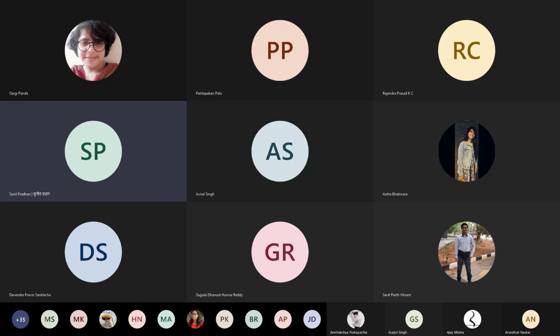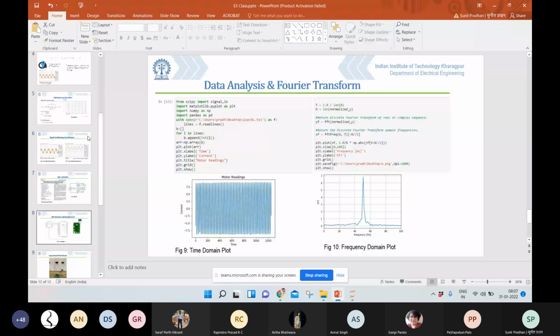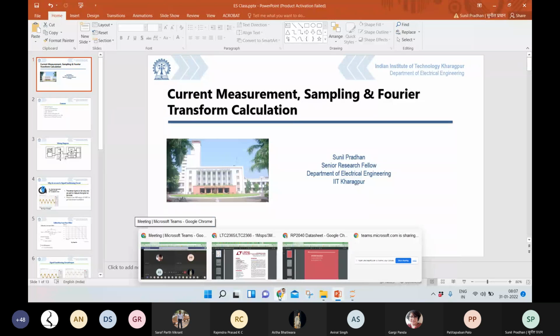Yeah, good morning to all. I'm sharing my screen. Please just confirm whether it is visible or not. Is my screen visible to you? Yes, sir. Yeah, it is visible.